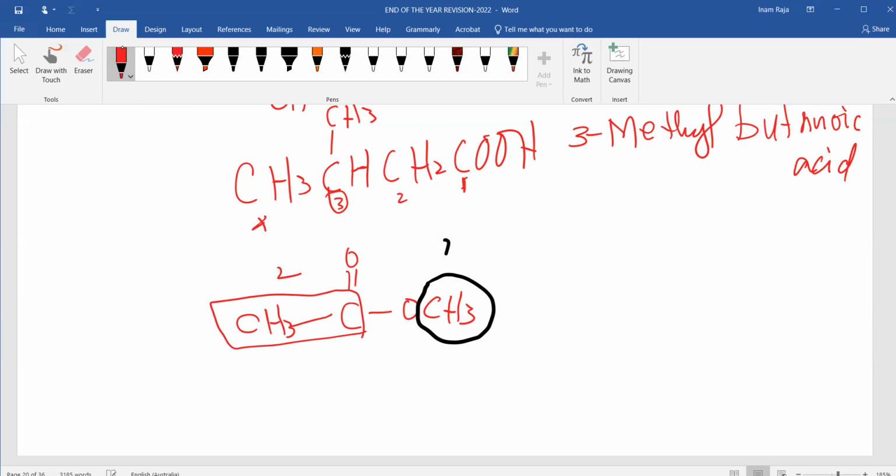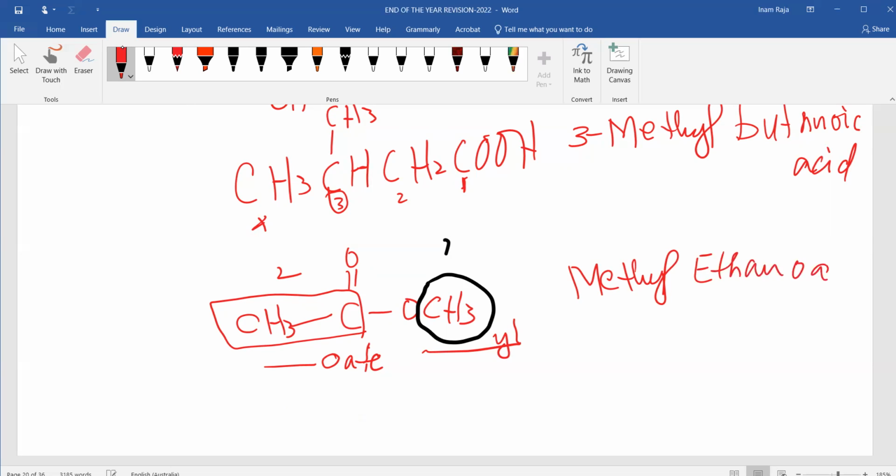The one in the black circle is always named as YL, and the remaining carbon always with OATE. Because there is one carbon, that is methyl. So this part is done, and after this the total carbons remaining are 2, so that is ethanoate.